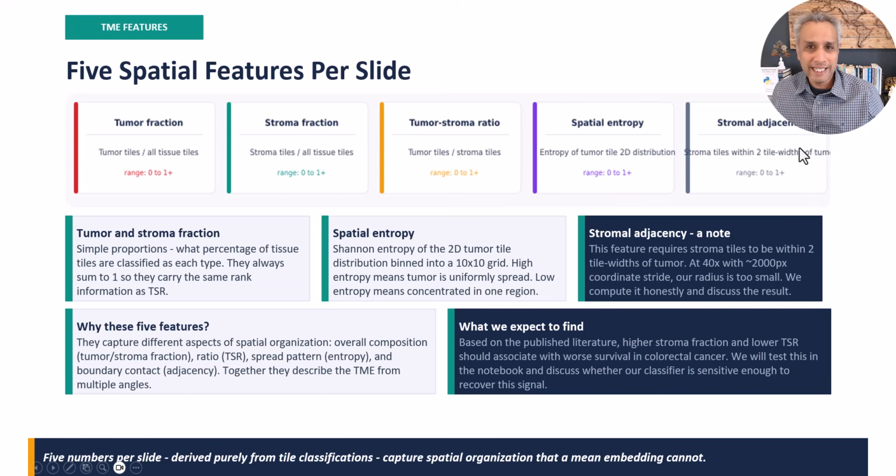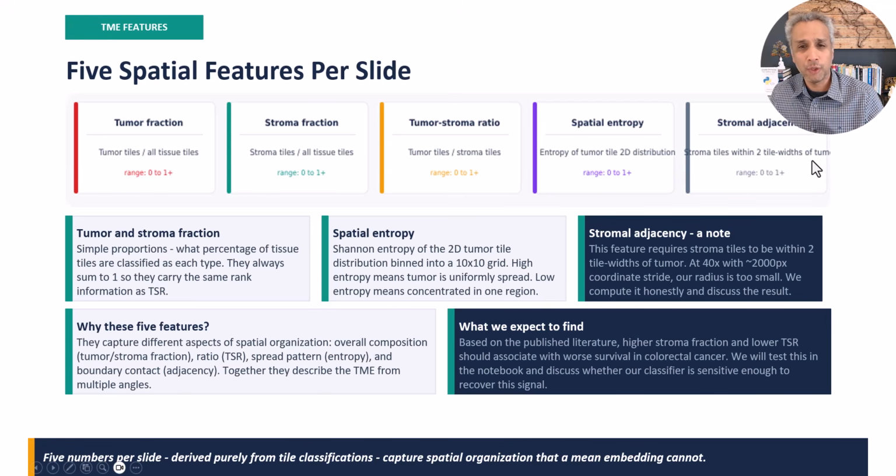And stromal adjacency is intended to measure how much stroma is in direct contact with tumor, specifically the fraction of stroma tiles within 2 tile widths of any tumor tile. Again, there is a practical issue, like I mentioned earlier, with this feature related to the coordinate scale at 40x magnification.